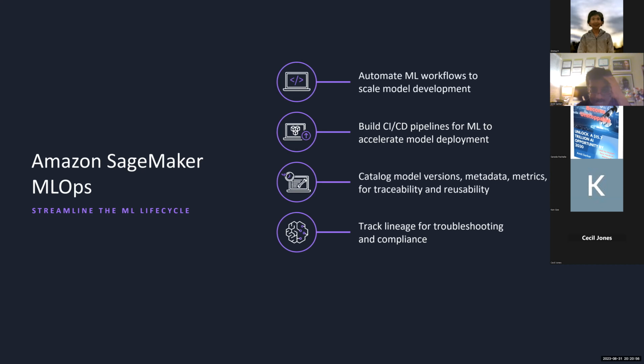And then you have to track the lineage for troubleshooting and compliance. If there is some error, some kind of troubleshooting, you can track what error happened and how you fixed it. And there could be compliance, just like HIPAA compliance for the healthcare industry. How can we ensure HIPAA compliance if your model is using some kind of health-related data?